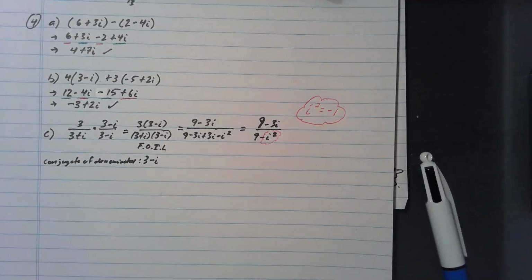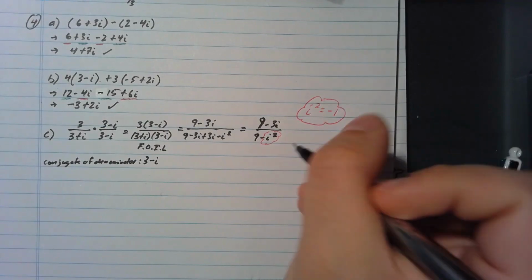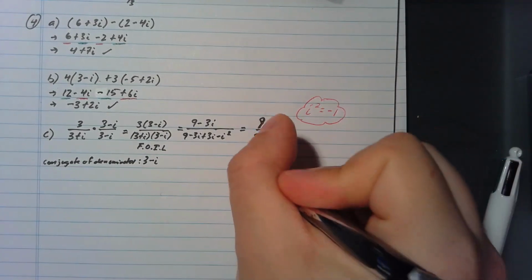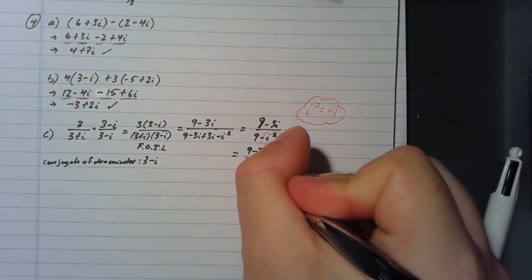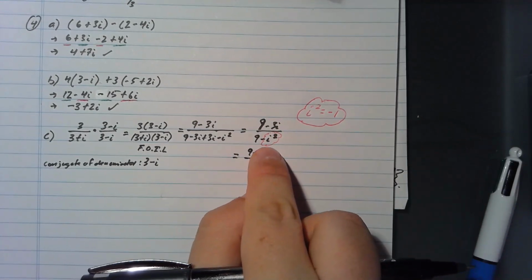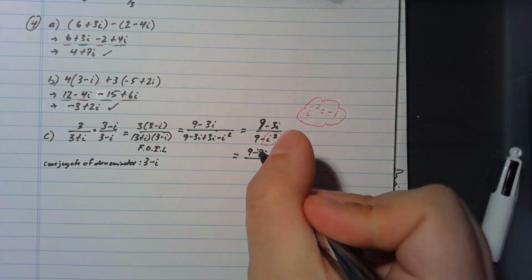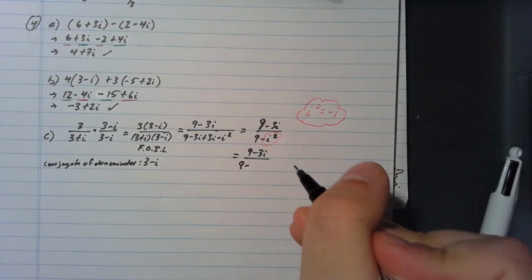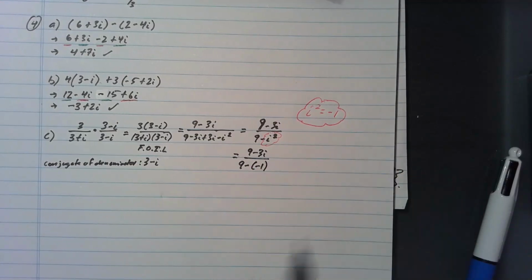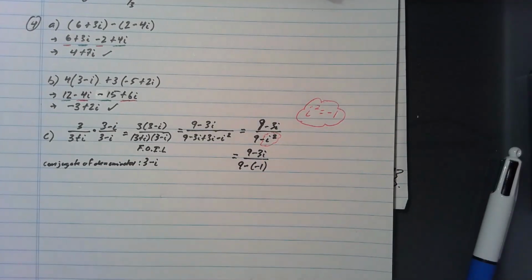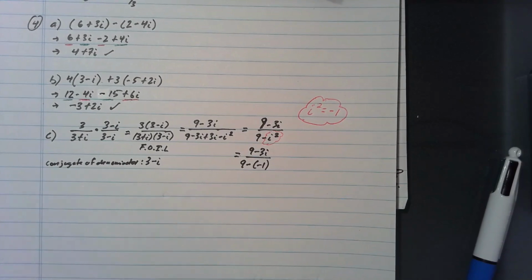So when I go through this, let me come down here. I still have 9 minus 3i in the numerator, but now I can just replace i squared with negative 1. So I'll have 9 minus, because I have a minus sign here, times negative 1, so 9 minus negative 1.